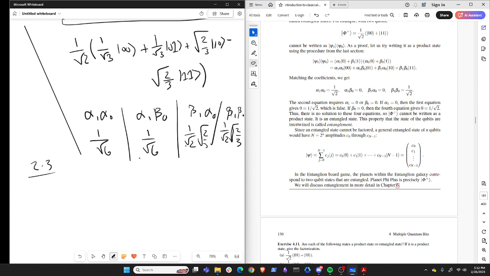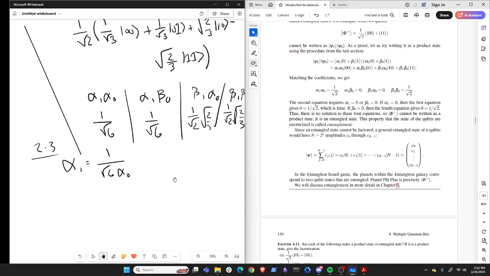So similarly to before, we'll put things into terms of alpha sub 0. So alpha sub 1 is equivalent to 1 over square root of 6 alpha sub 0. Now we can come over here and plug this in and solve for beta sub 0 in terms of alpha sub 0. So we know that beta sub 0, we have 1 over square root of 6 alpha 0 times beta 0 equals 1 over square root of 6.